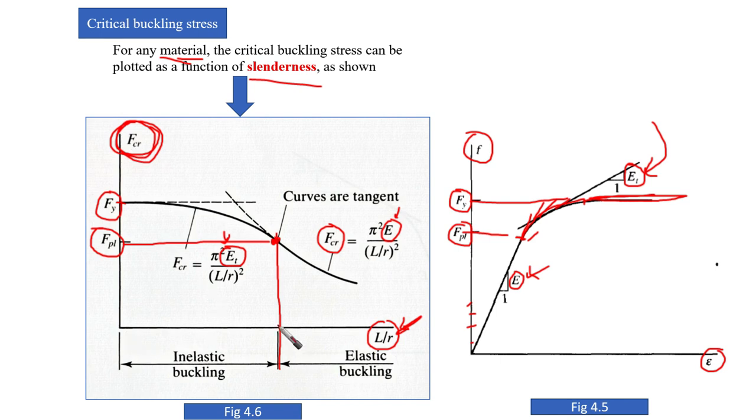And the horizontal one is also a point on the slenderness axis that is going to differentiate between two different behaviors of the compression element. The left part is going to be denoted inelastic buckling, and the right part is going to be elastic buckling. In this part, the column is going to elastically buckle.